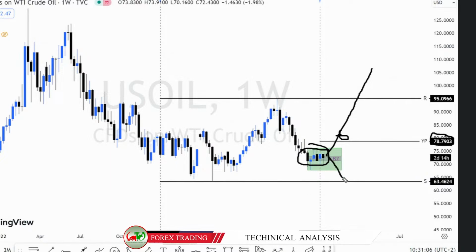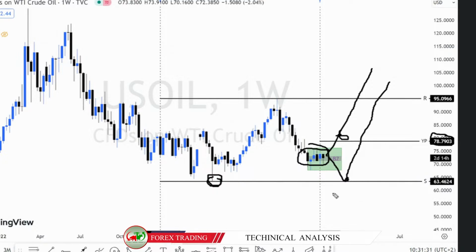If it continues lower, this is another area around 63.46, and you are going to look for buy opportunities, because this is the lowest support we had for 2023. So honestly, we do expect the oil price to increase for 2024.